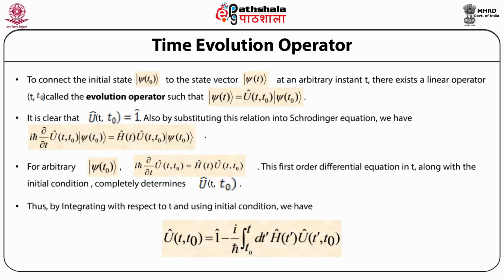Now, since the Hamiltonian operator is Hermitian, the first matrix element of the above equation can be written as bra vector psi, operator H operator A acting on ket vector psi, and thus we can rewrite the above equation as: the time derivative of the expectation value of operator A is equal to 1 upon iota h cross, whole times the expectation value of the commutation relation of the operator A with operator H, plus the expectation value of the partial time derivative of the operator A, which is written as bra vector psi, partial derivative with respect to time of operator A, ket vector psi, where the expectation value of the commutation relation of operator A and operator H is given as bra vector psi, operator A operator H minus operator H operator A, ket vector psi.